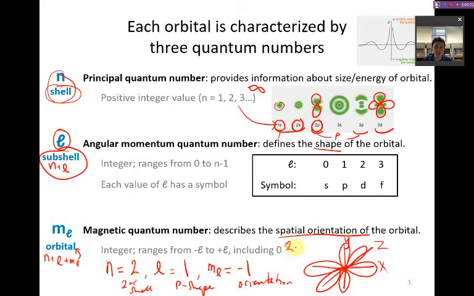So this might be 2p, and then we could have 2p in the x direction, 2p in the y direction, or 2p in the z direction. And this x, y, and z subscript is the same thing as the m sub L designation, which could be 0, -1, or +1, in this case because our L value is equal to 1.